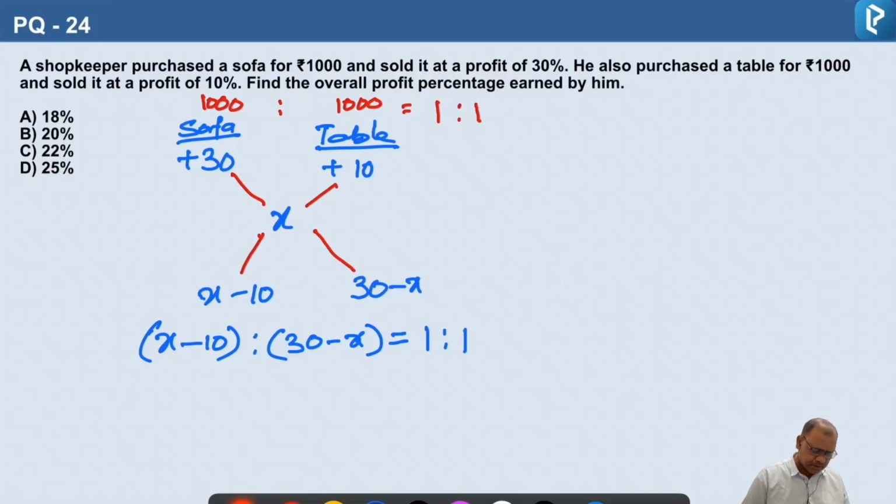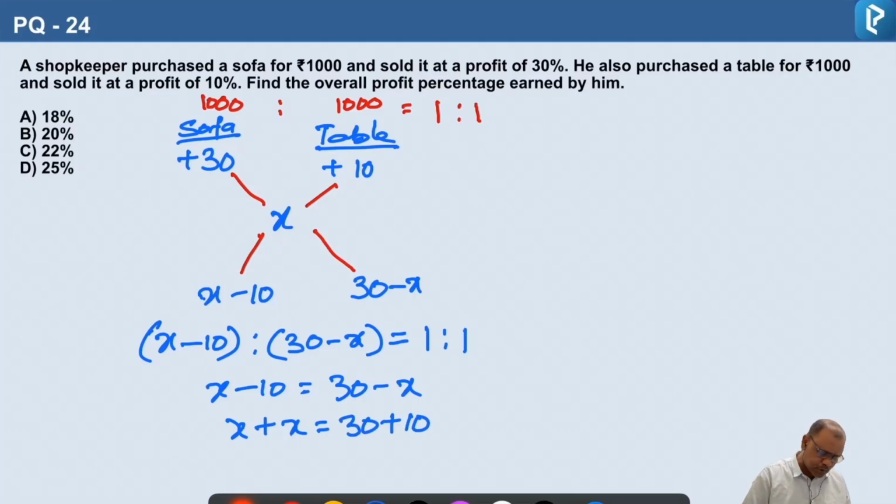So using the rule of proportion, product of extremes is equal to product of means. So X minus 10 is equal to 30 minus X. If you simplify it, X plus X is equal to 30 plus 10. 2X is equal to 40.